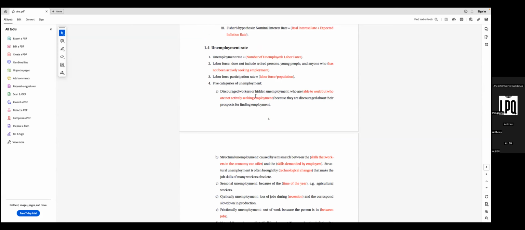So last week we mentioned three policy goals of economic policy, macroeconomic policy, to be more specific. Okay, so to clarify, loosely speaking, we want to do three things in macroeconomics.